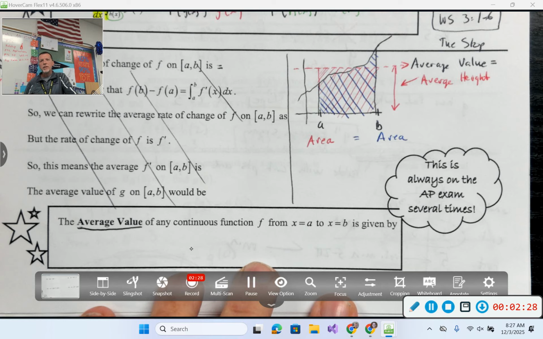Area equals area. The rectangular red area equals the blue area.